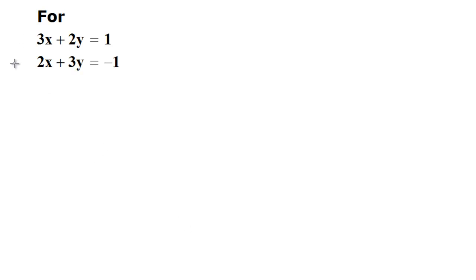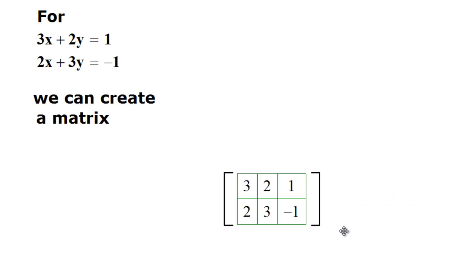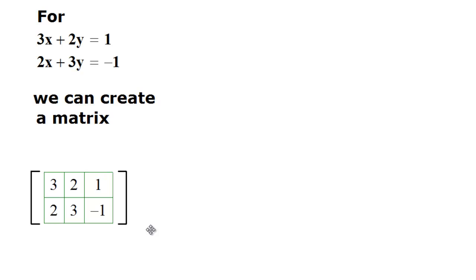We are going to solve this system of equations by using an augmented matrix. So the way we do that is this, that we can create a matrix, and the matrix that we are creating is this, and you can see the first column is formed by taking the coefficients of x in this system, second by taking the coefficients of y, and the third column by taking the values on the right hand side of the equation.